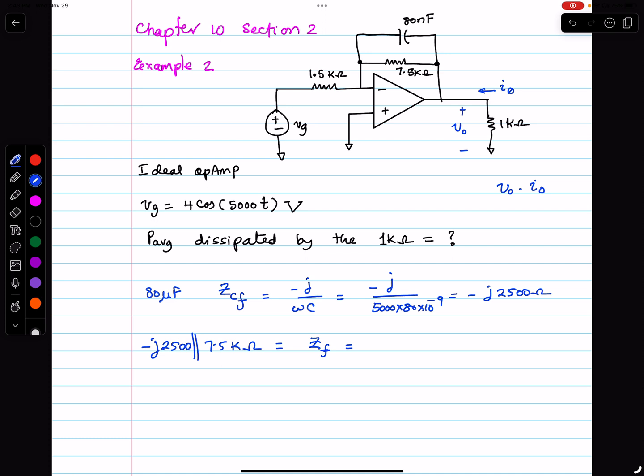ZF is nothing but the parallel combination of negative j 2500 and 7.5 kilo ohms. So the product, 7500 into negative j 2500, divided by the sum 7500 plus negative j 2500.